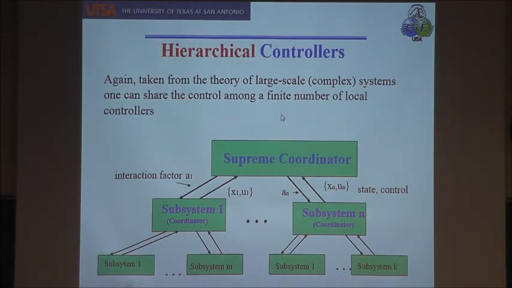Where the control is in a hierarchy, as you can see, okay? And this can be done on the robot. How? For example, if you have a swarm of robots, those members of the swarm are your subsystems.